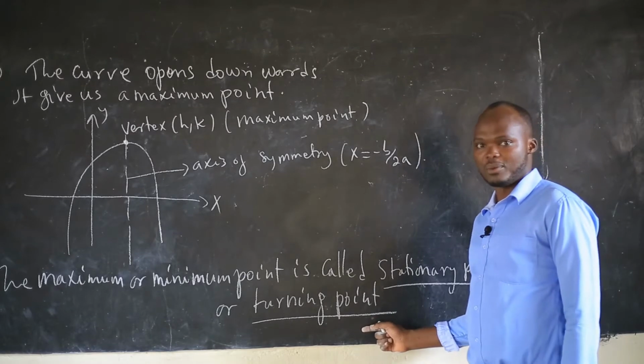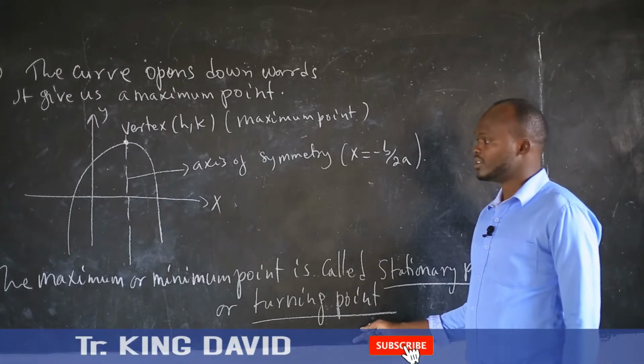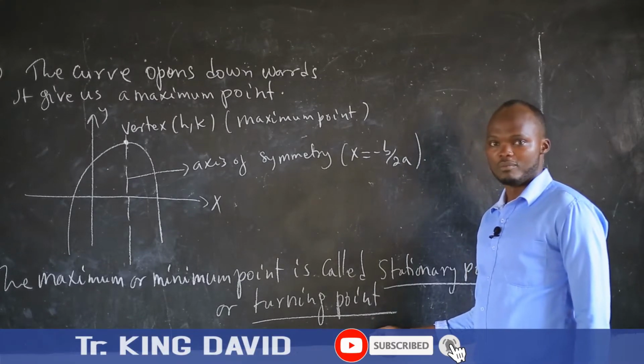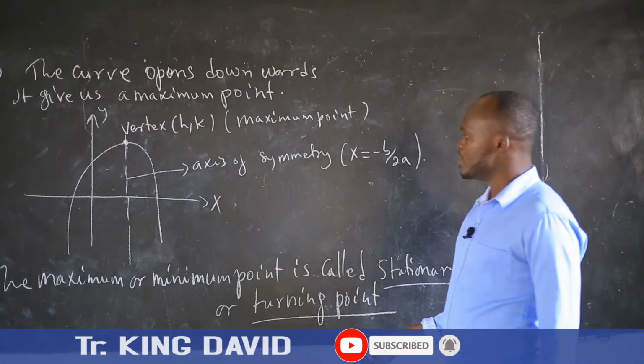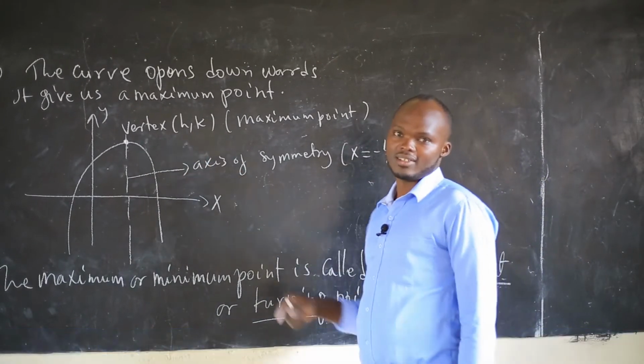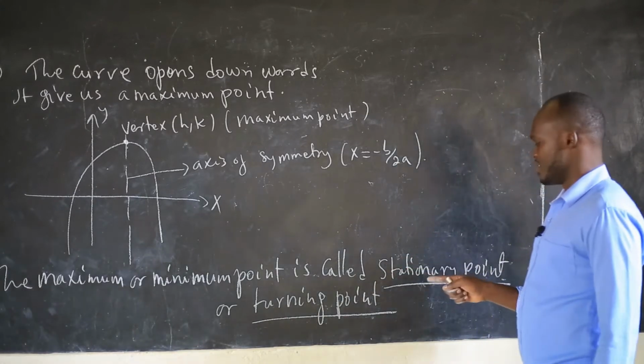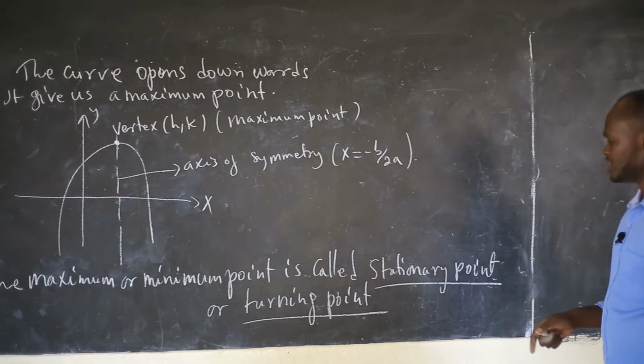They can use stationary point or turning point to ask for a maximum or minimum. Also, the maximum or minimum is the vertex. So they can use vertex, stationary point, or turning point.